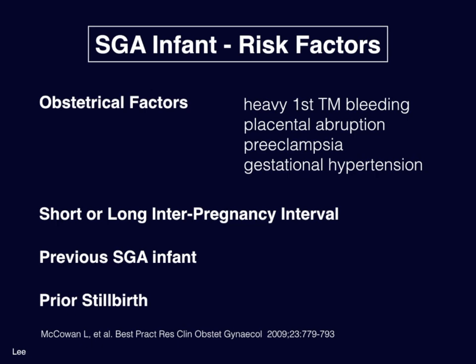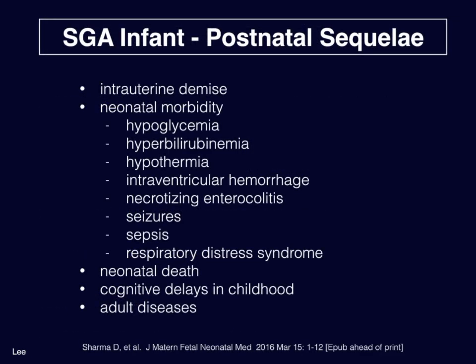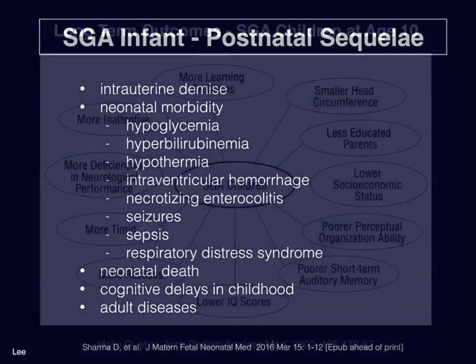SGA infants are at risk for several postnatal problems, including stillbirth, neonatal complications as seen here, neonatal death, cognitive delays in children, and development of adult disease in later life.